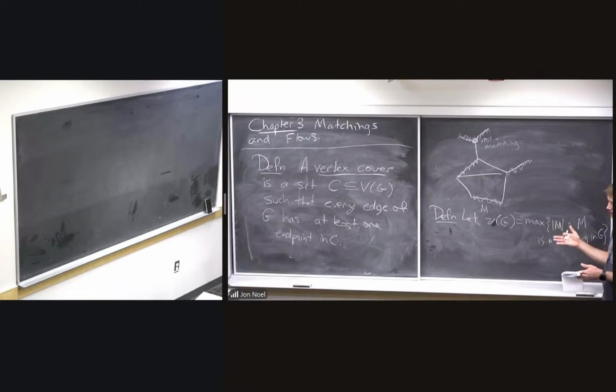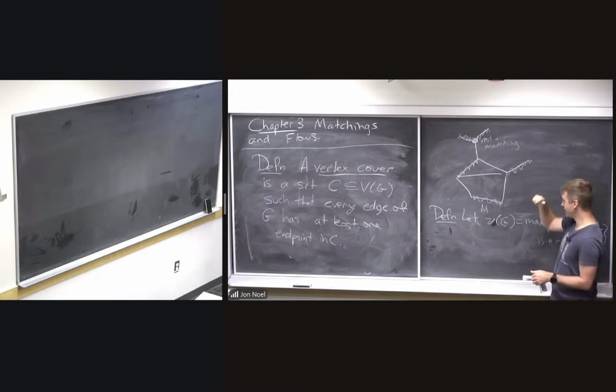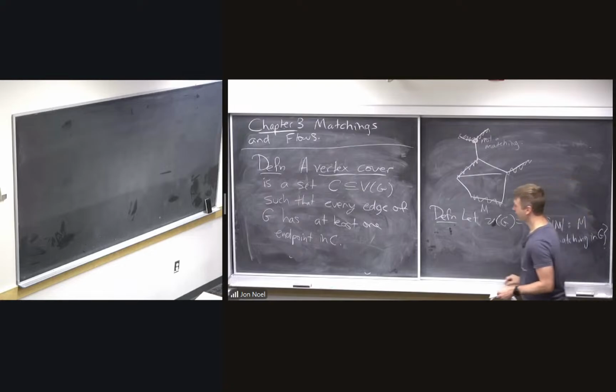With a vertex cover, you're trying to pick vertices strategically to hit all the edges. Every edge has to get hit at least once, meaning one of its endpoints has to be in the set. So I'm trying to hit all the edges with as few vertices as possible.